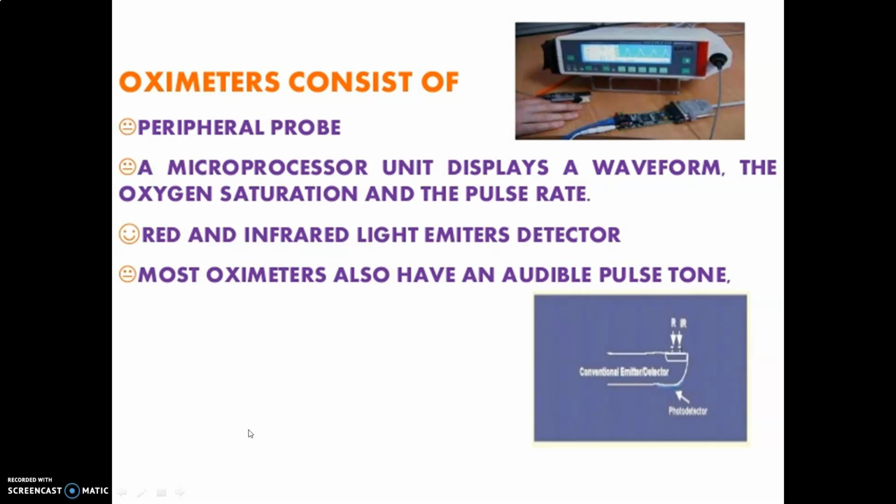If you connect it, after about 1 minute of checking, it will display immediately the oxygen saturation level of the patient, and the pulse is also shown on the probe itself. There is one display where they show the rate. This kind of oximeter is also available in the market nowadays.